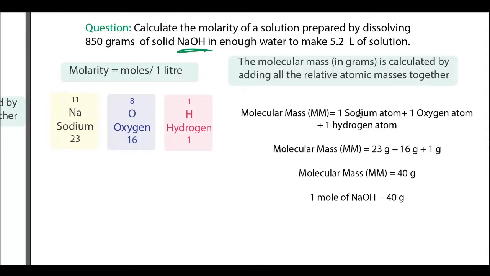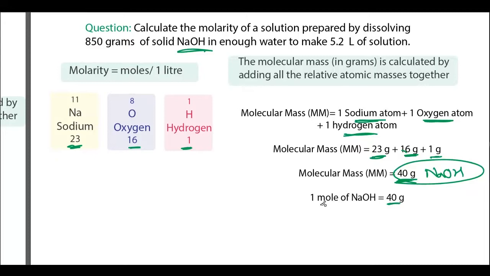We have 1 atom of sodium, 1 atom of oxygen and 1 atom of hydrogen. That's 23 grams from here, 16 grams from here and 1 gram from here. The total is 40 grams. So the molecular mass of sodium hydroxide is 40 grams.